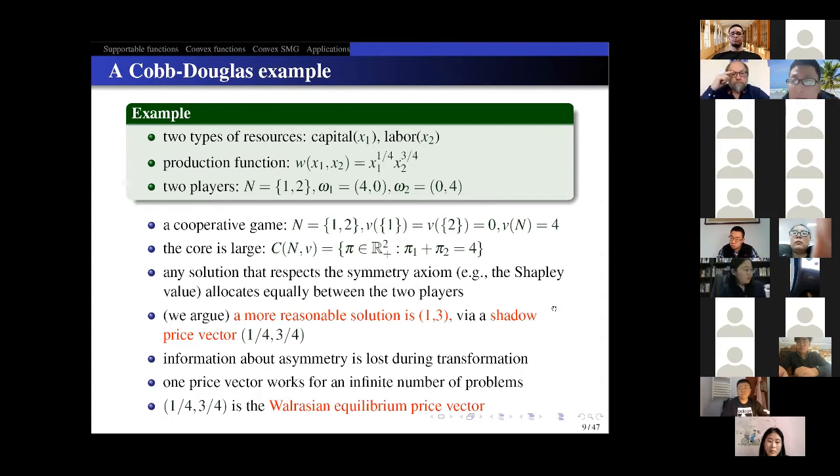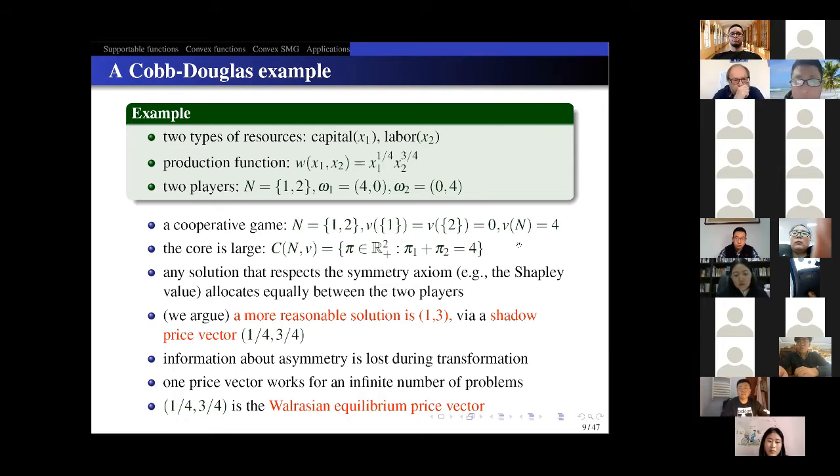Here is my not so standard solution. I argue that a more reasonable solution is that player 1 gets 1 unit and player 2 gets 3 units. Let's first get some feeling about this new solution. First, it may seem not so reasonable as a symmetric solution because the set function is symmetric.